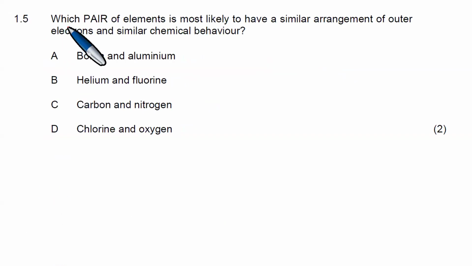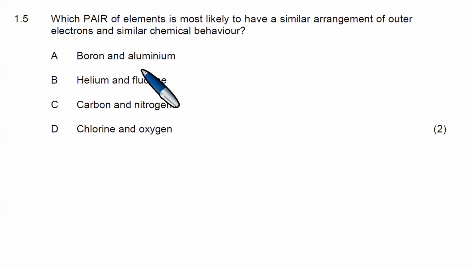Right, 1.5, which pair of elements is most likely to have a similar arrangement of outer electrons and similar chemical behavior? Right, so we're looking at a pair of elements which is most likely to have similar arrangement of outer electrons and similar chemical behavior.